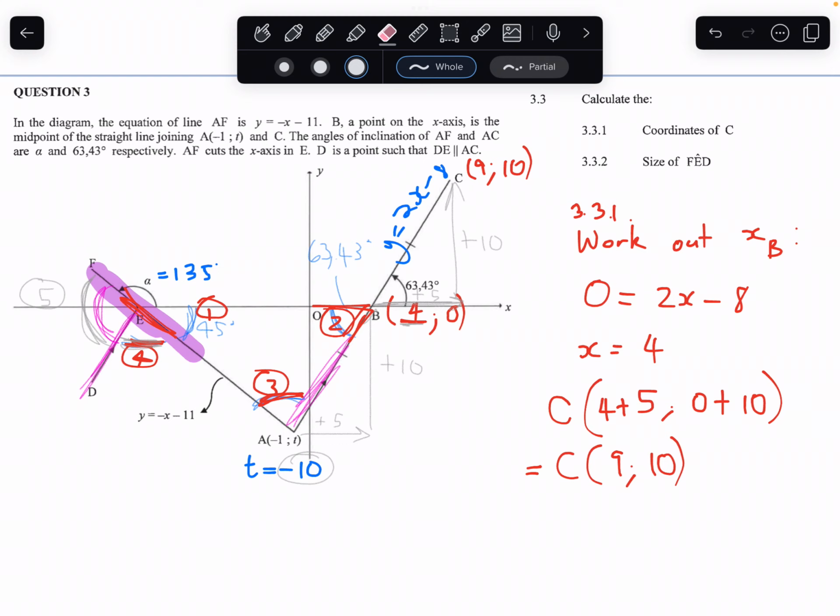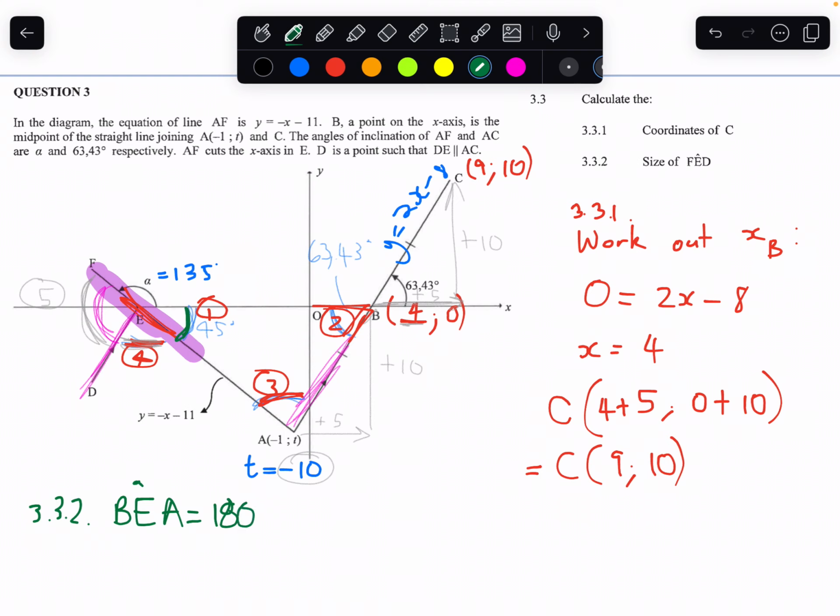Okay, let's do it. Different color for morale. 3.3.2. Important thing here is reasons all the way. So angle BEA, that's this angle, is equal to 180 degrees minus alpha, so 180 degrees minus 135 degrees, which is equal to 45 degrees.